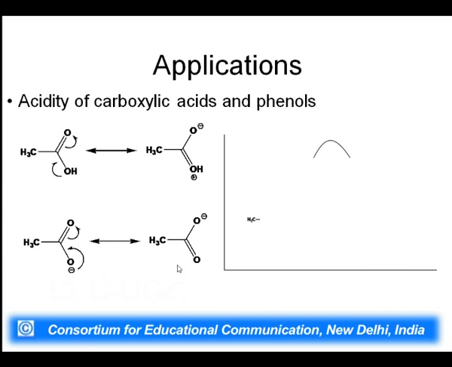The carboxylate ion is relatively more stable because the resonance is more pronounced, as there is no positive charge on the oxygen atom. This stabilization is to a greater extent, and the stabilization of carboxylic acid is much lesser because of the presence of this positive charge, and hence carboxylic acids are acidic in nature.